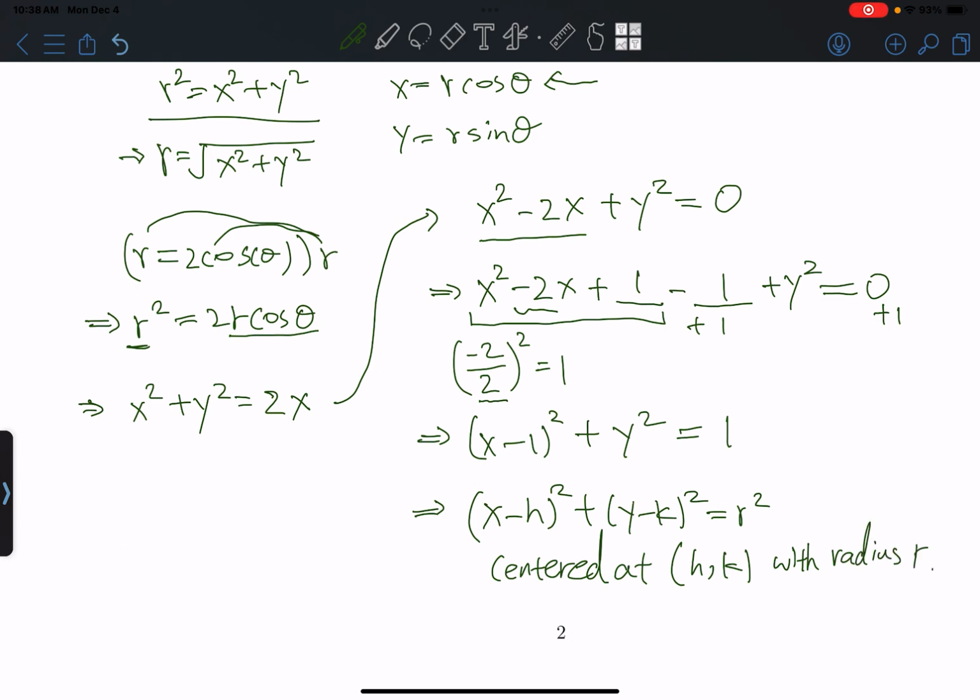So this equation right here is just a circle centered at 1 comma 0 with radius 1.